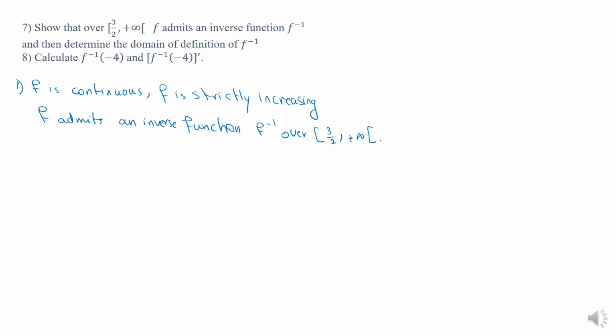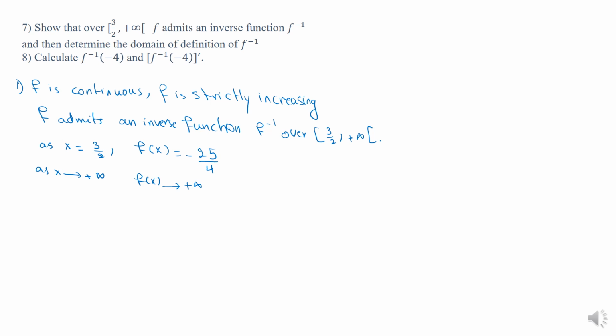Now, as for the domain, at x equals 3 over 2, f of x is equal to negative 25 over 4. And as x tends to plus infinity, f of x tends to plus infinity.